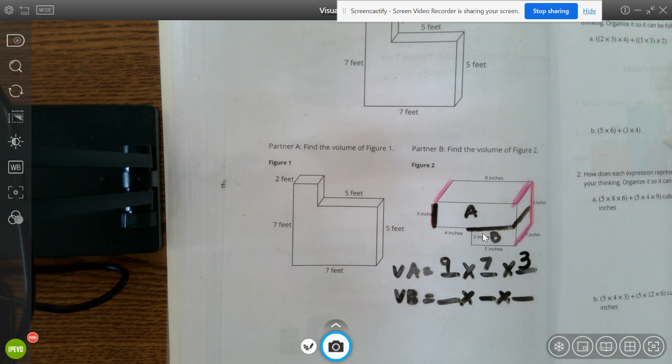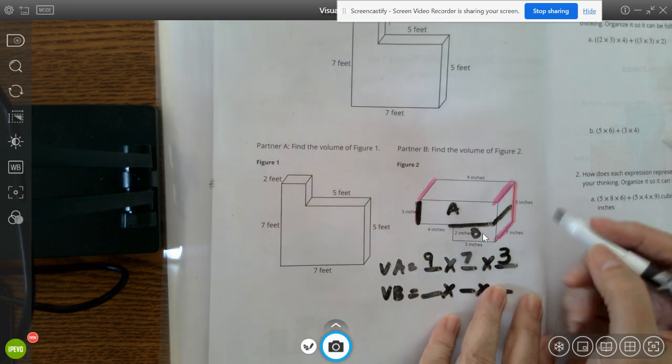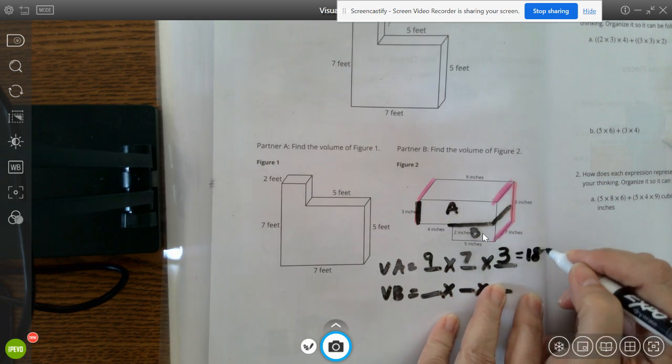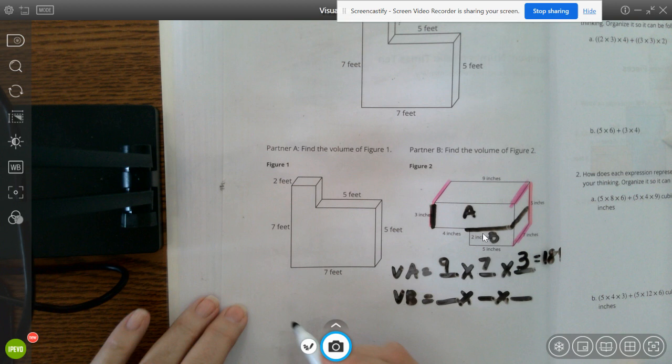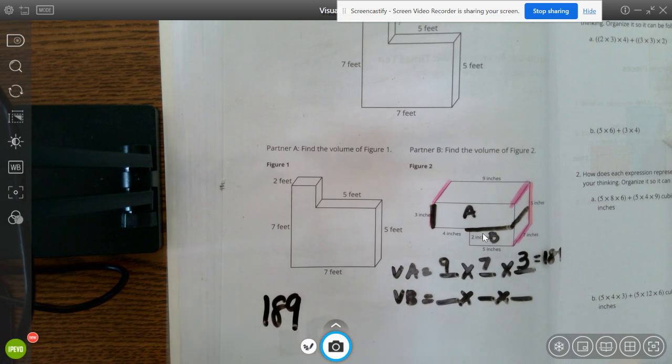Now I have found the volume of that figure. I'm going to multiply it. 7 times 3 is 21, and 21 times 9 equals 189. Please make sure you're writing that down. I'm going to write it down over here because it didn't fit.